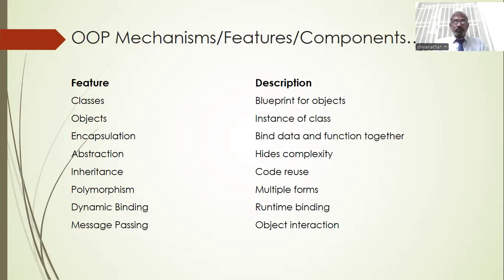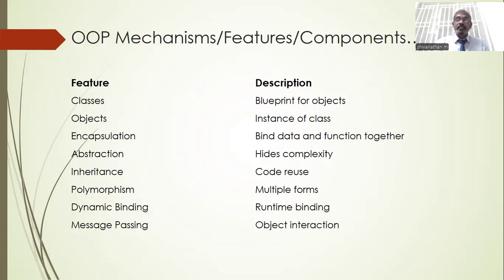Now, in a nutshell, you define classes. Classes are blueprints of objects. Classes contain member data and member functions. Member functions are to access member data. Then objects are instances of classes or variables of classes.